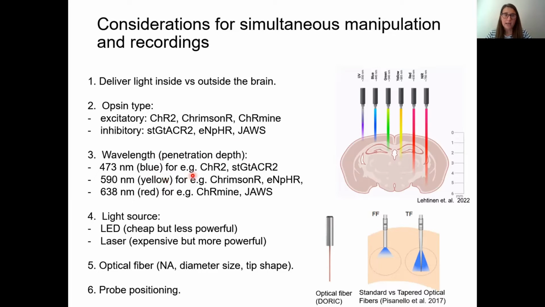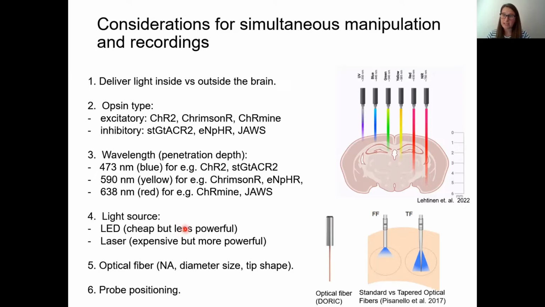Right now, because we have so many options and they are activated by different wavelengths, depending on your experimental strategy, you can choose to manipulate the activity with either blue or red lasers. That applies to excitatory options and also inhibitory options. Another parameter to consider is the light source. LEDs are cheap, but typically less powerful.